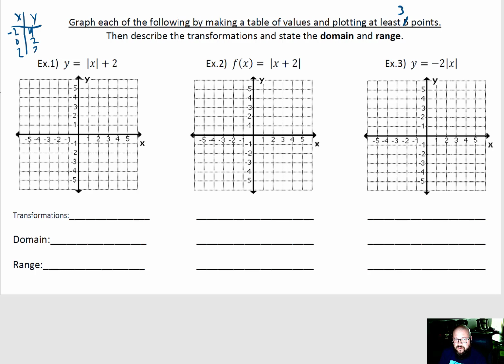So this should give me 4. Let's plot these points. So we have -2 and 4. We had 0 and 2. And we have 2 and 4. Alright, so we'll just draw these lines like this.